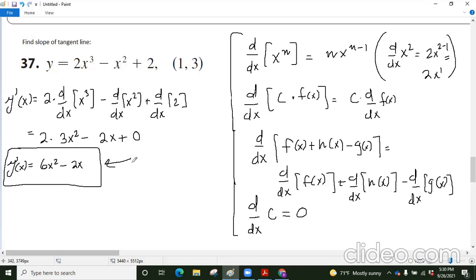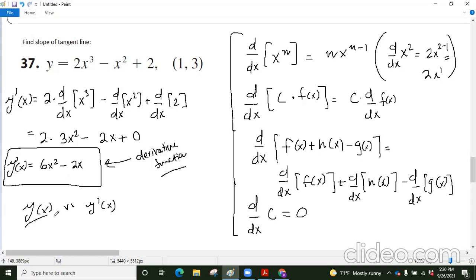And this is our derivative function, if that makes sense. And we can plug in any x value into this derivative function. If you look at y of x versus y prime of x, what is the purpose of y of x?